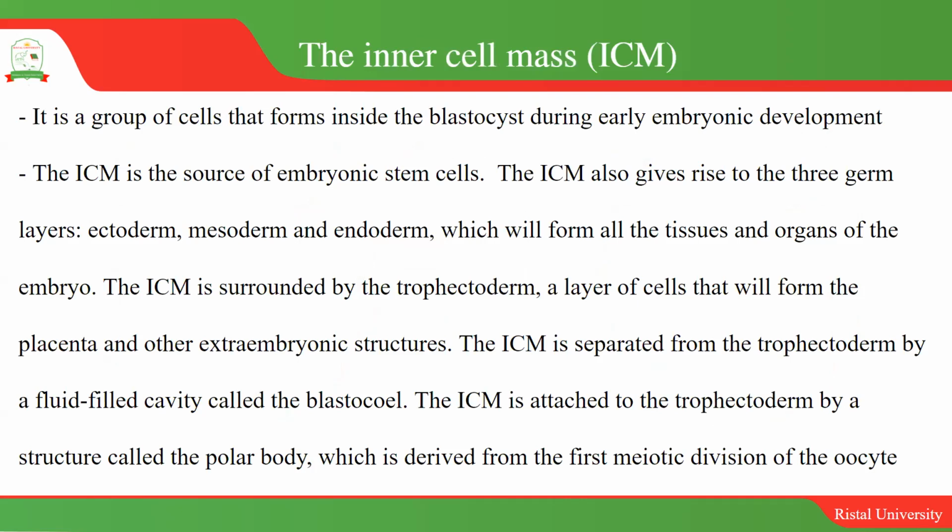Okay, so the inner cell mass is the one we called the embryoblast earlier on. It's the one which gives rise to the 3 germ layers: the ectoderm, mesoderm, and the endoderm. It is very important to understand these layers, because these layers are the ones that give rise to different tissues and organs of the embryo.